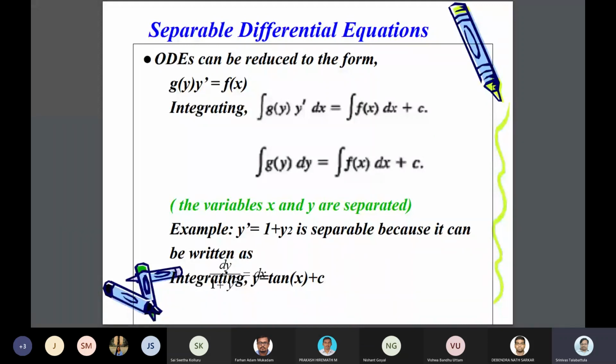So if you have an equation of the form g(y) y' equals f(x), all the x variables I have put on one side, and all the y variables on one side, and dy by dx I have put here. In fact, instead of dy by dx, I can put dy here and dx on the x side. So all the x related things are on one side, and the y related things on the other side.